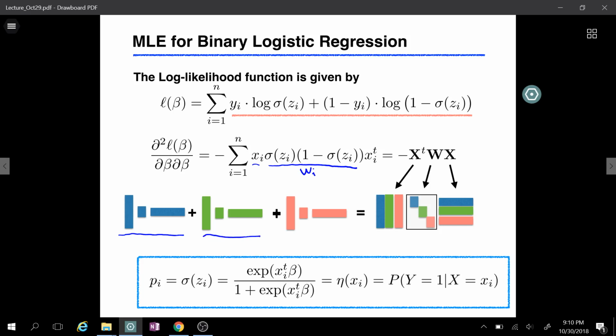And this could be x2 column vector times w2, a number, times x2 transpose, a row vector, all the way to x3. And you sum them together. In matrix form, this is equal to x transpose times a diagonal matrix, where the diagonal entries are w1 until wn, and times the original x. So in summary, in matrix form, the second derivative of the log likelihood looks like this.